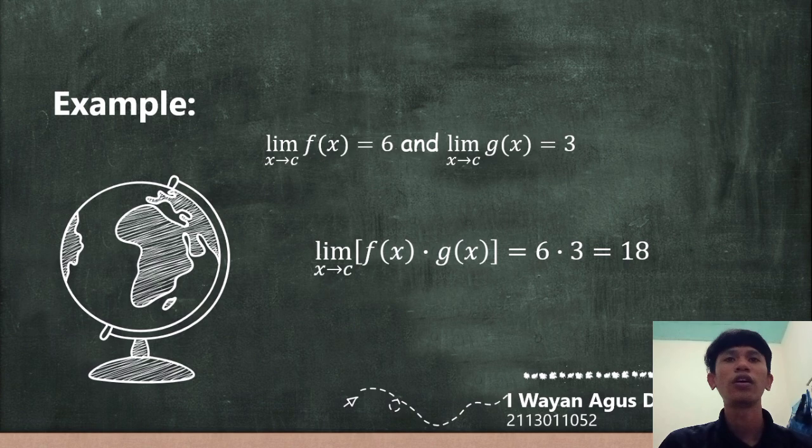So, if we are asked to solve for the limit of the product of f of x times g of x as x approaches c, we have to multiply their individual limits. 6 and 3 is 18. Therefore, the limit of f of x times g of x as x approaches c is equal to 18.